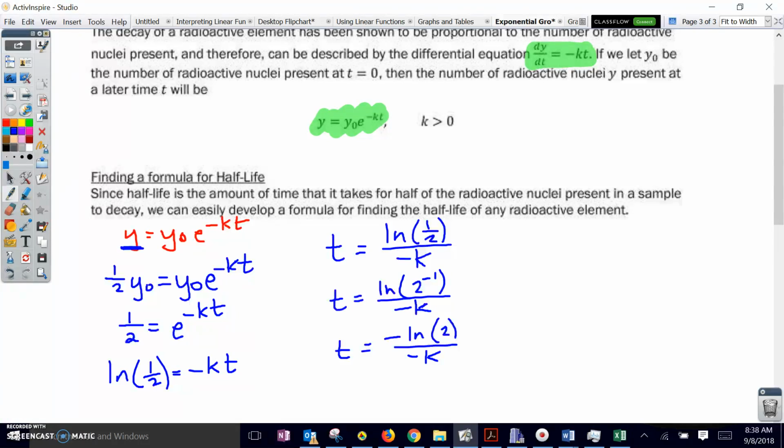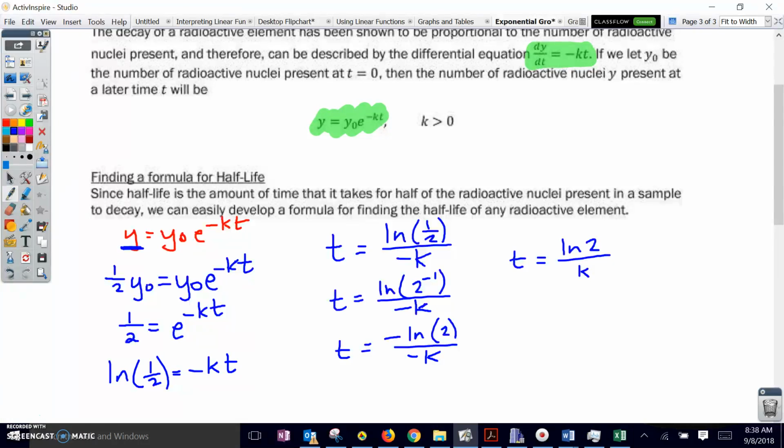And we end up with this formula for half-life, that the time is equal to the natural logarithm of 2 divided by k, where k is the constant representing the rate of decay. So that's a formula that you can either memorize for half-life, or you can just go ahead and calculate it using a similar concept. You guys should know me by now that I'm not a memorization person, so I tend to just go through the approach and solve this model every time.